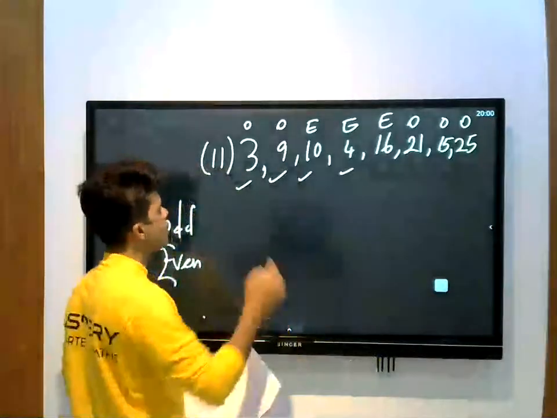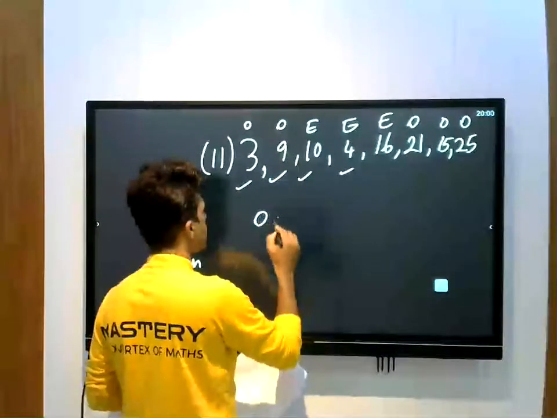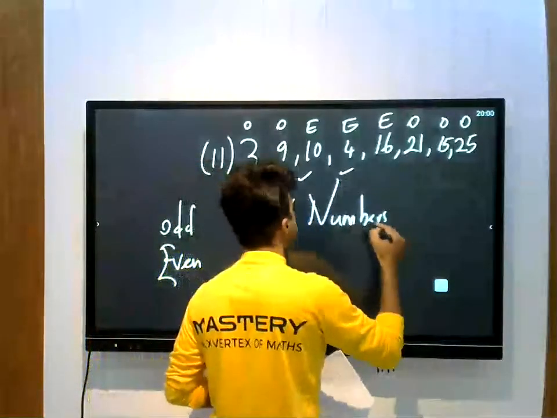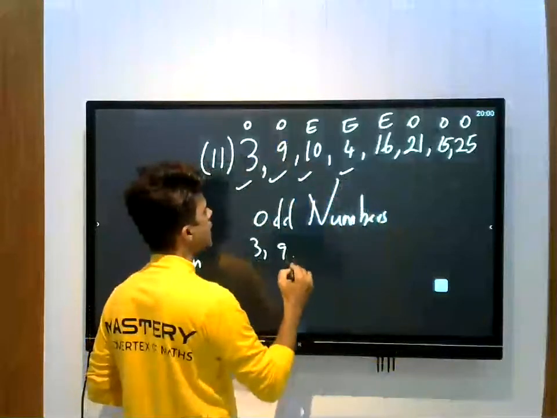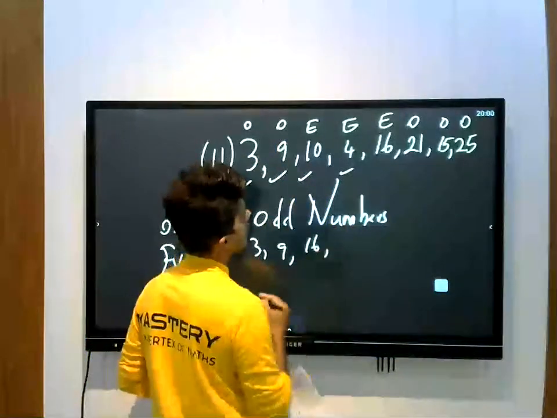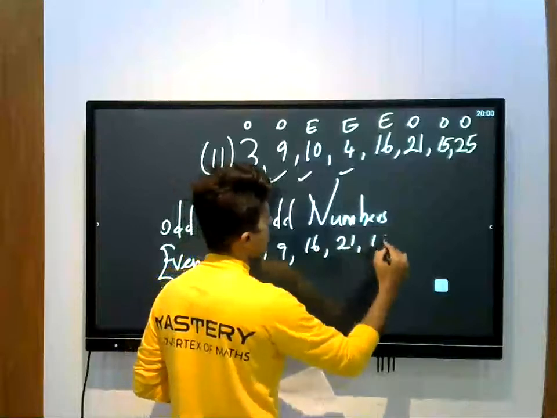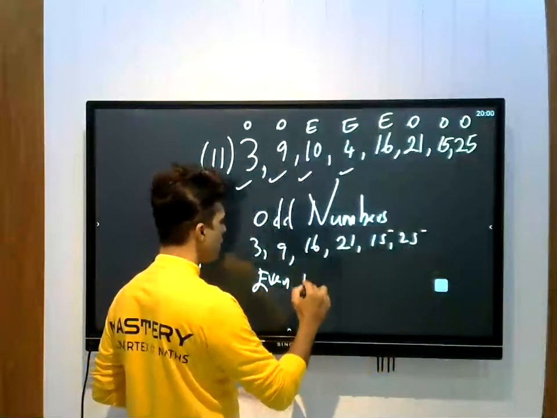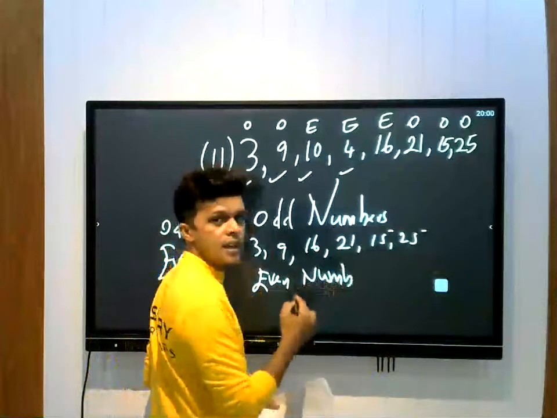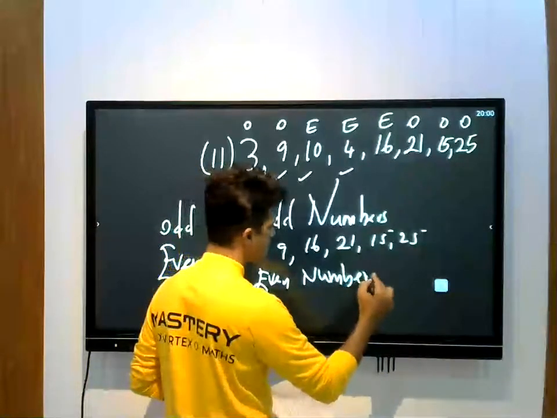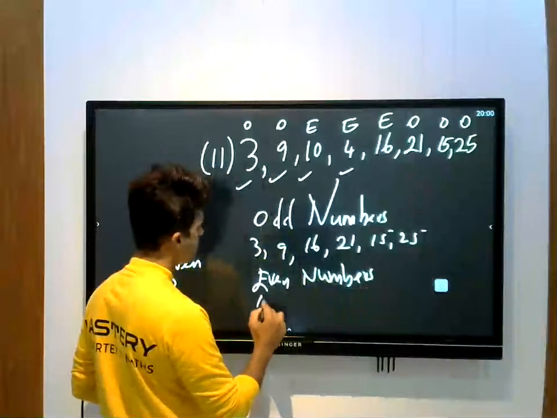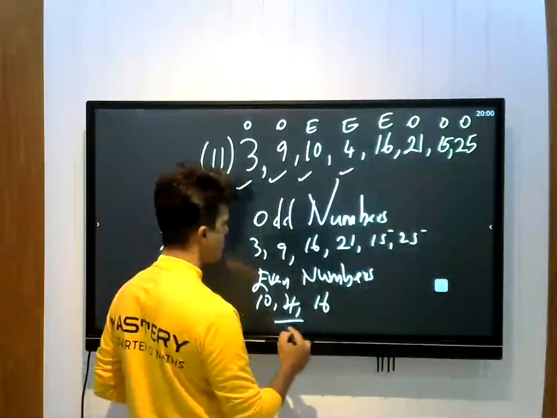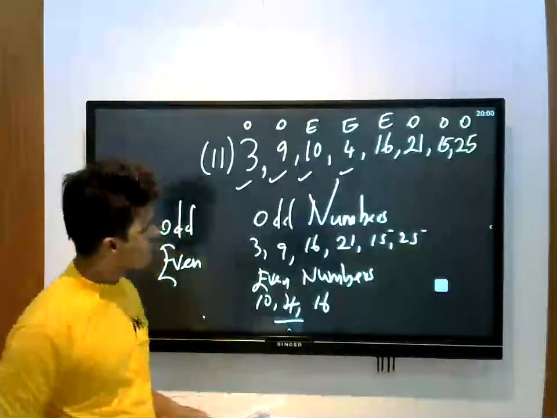The odd numbers are 3, 9, 21, 15, and 25. The even numbers are 10, 4, and 16.